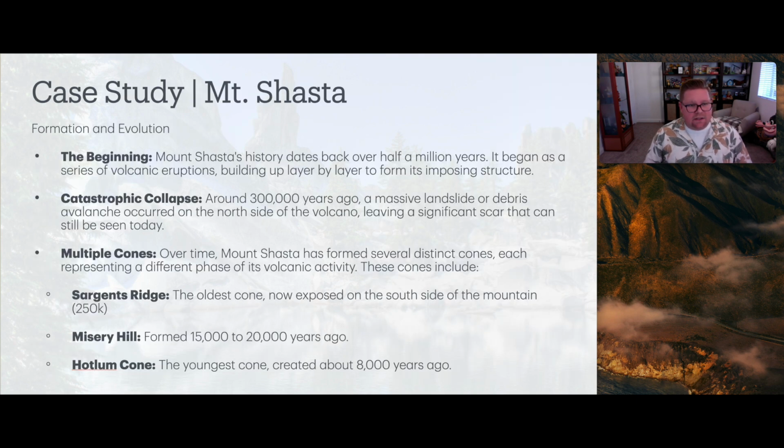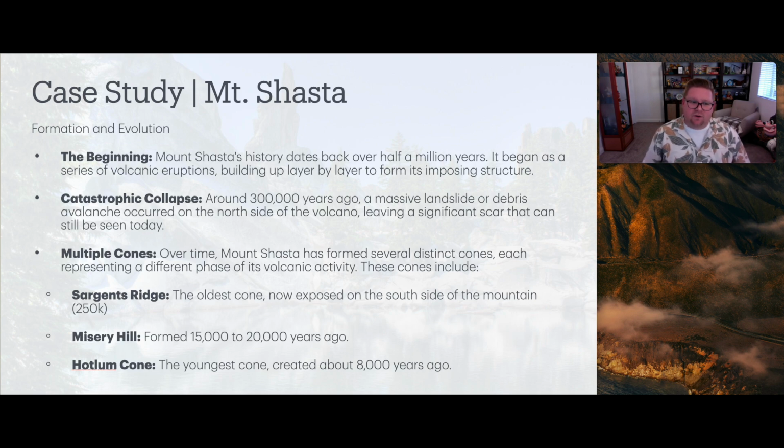So looking at a case study, Mount Shasta. In the beginning, Mount Shasta, which you probably have heard of, dates back over 500,000 years. It began as a series of volcanic eruptions, building up layer by layer to form its imposing structure. In fact, it's become so complex that there are multiple cones, and we'll talk about that in a moment.